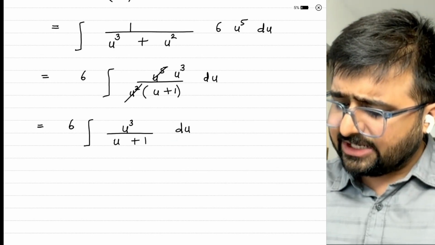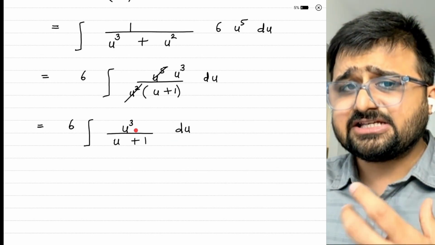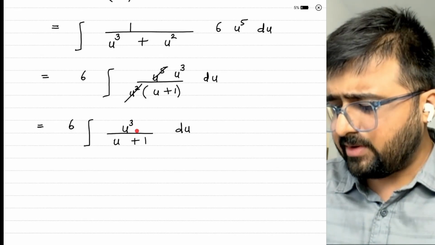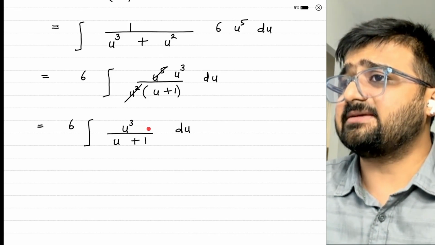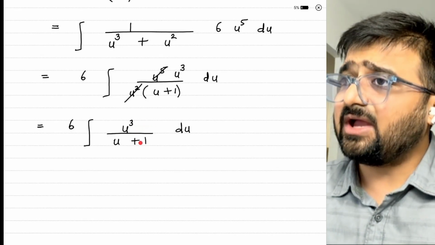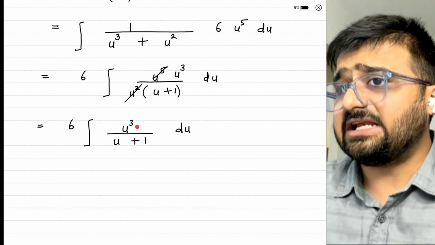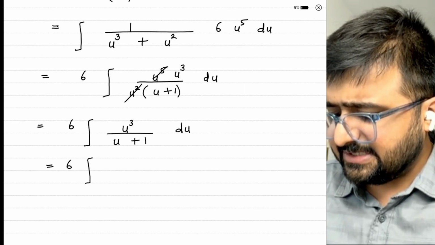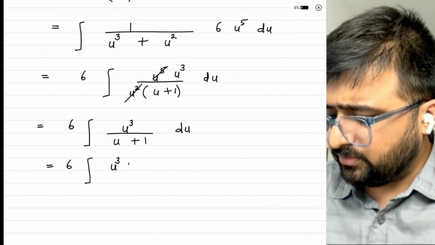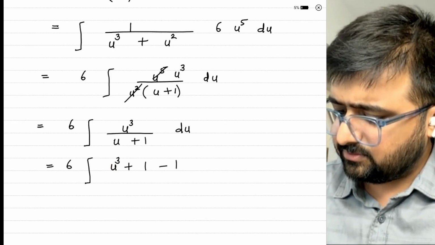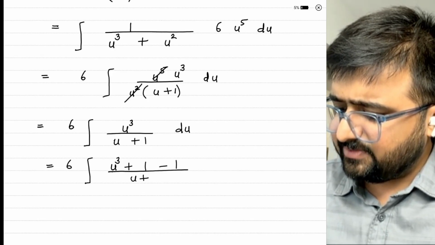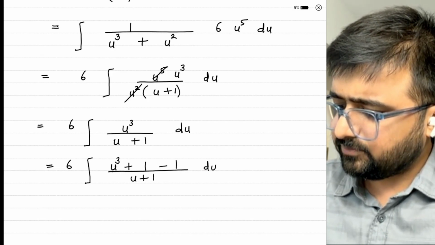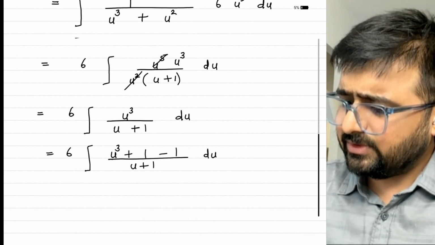Now let's do some adjustments in the numerator. You add 1 and subtract 1, just like you have in the denominator. Try to bring that structure into the numerator. So what you will have is 6 times the integral of u cube plus 1 minus 1 divided by u plus 1, with respect to u. Why do I do that?